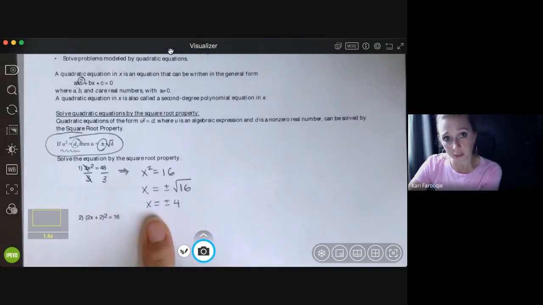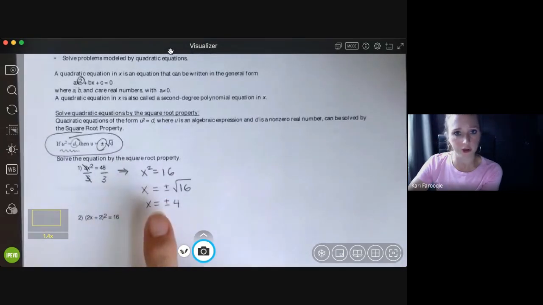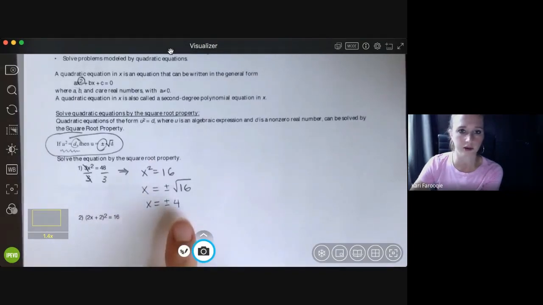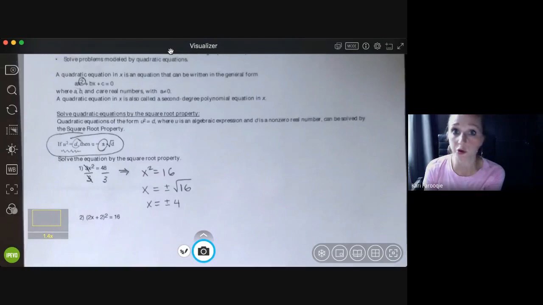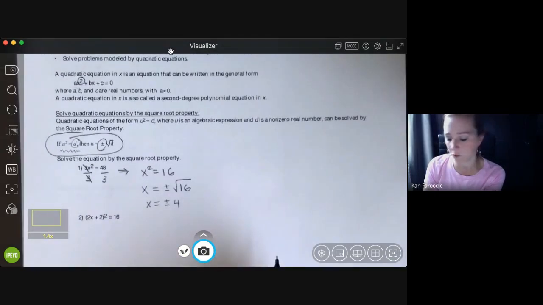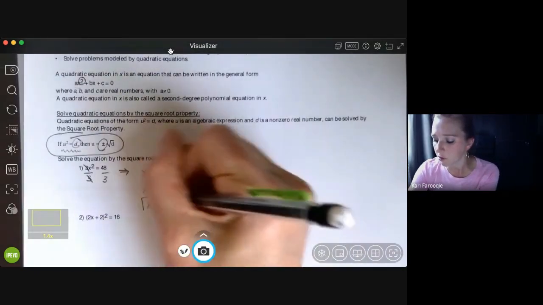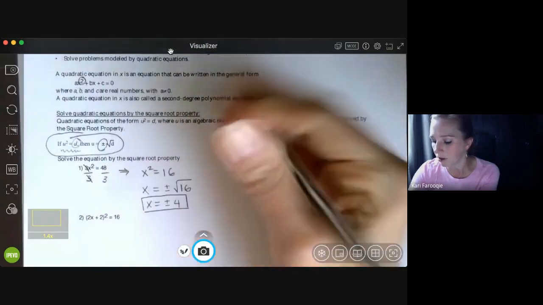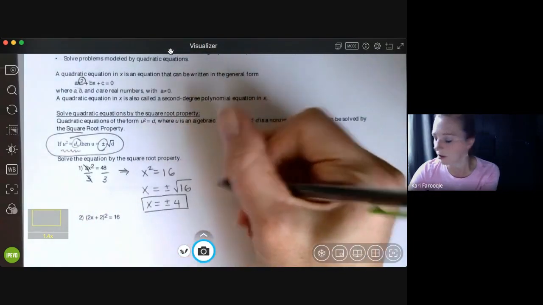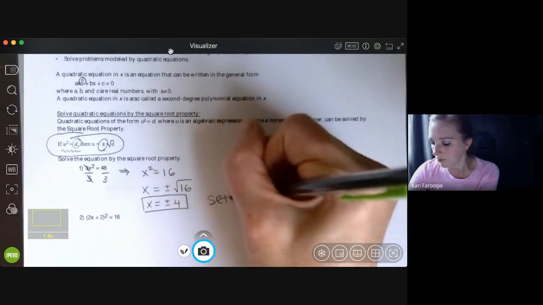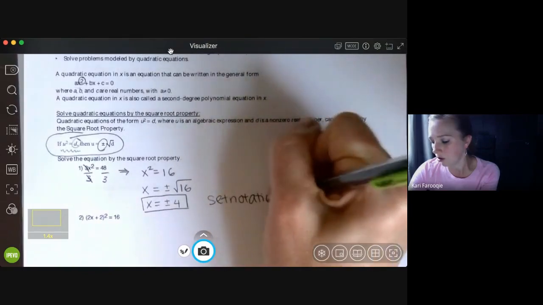On an exam, if I ask you to solve this problem and turn in your work by hand, and you give me this and you put a box around it, fine. I'm totally happy with x equals plus or minus 4. However, for my math lab, you're going to use set notation. Basically the same thing. I will show you what it looks like.